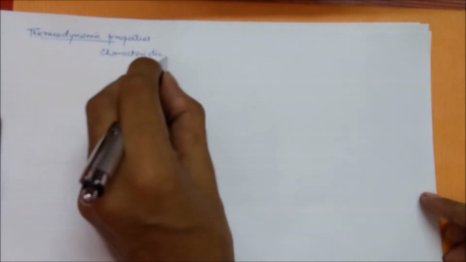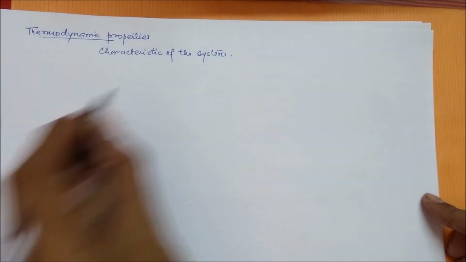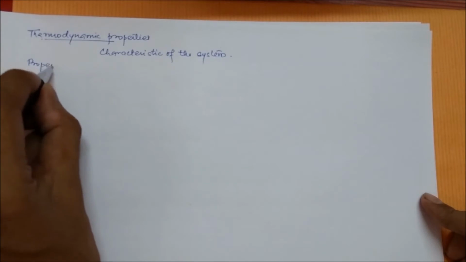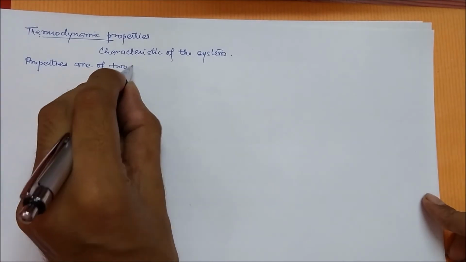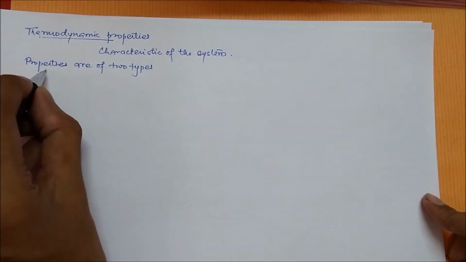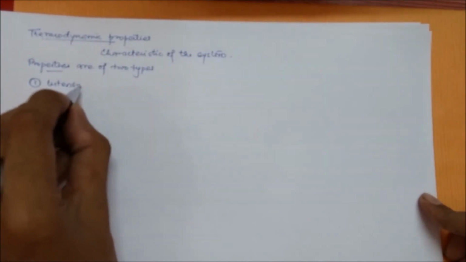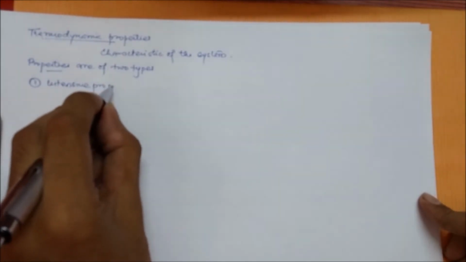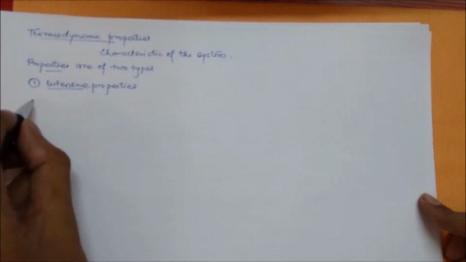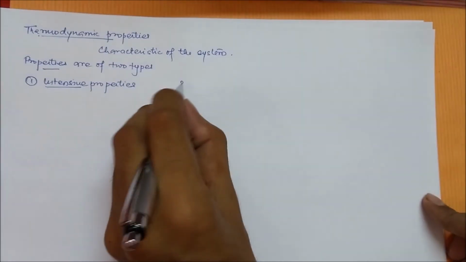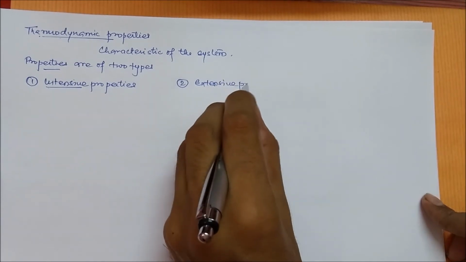Properties are of two types. First is intensive properties, and second is extensive properties.